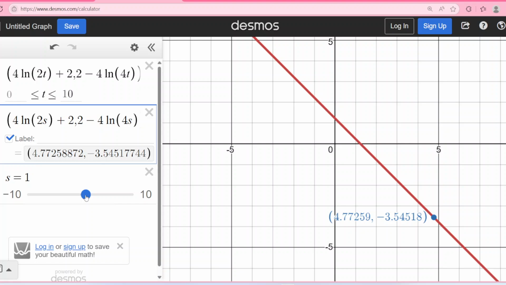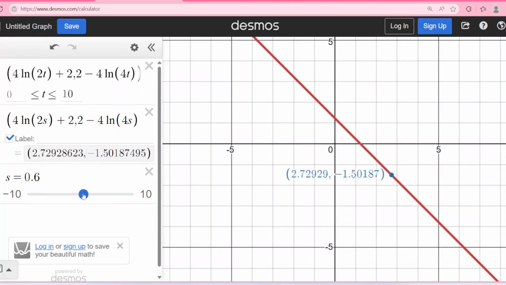And you can see as the parameter increases, you're moving down to the right on this line. And if you just took two of these points, say this point here with the 2.7, -1.5, and this point here with 4.35, -3.12, and if you did the rise over the run, change in the y over the change in the x, it should be around -1.